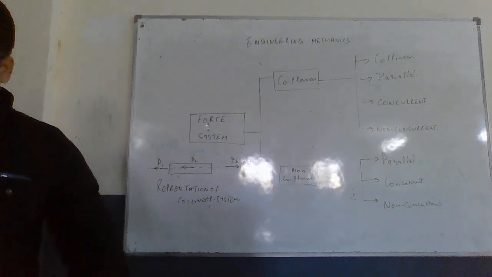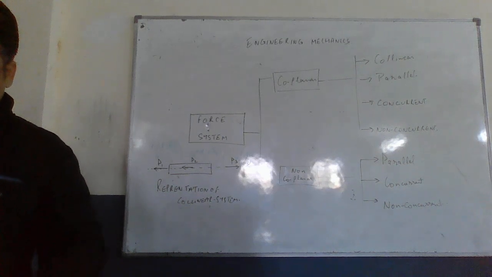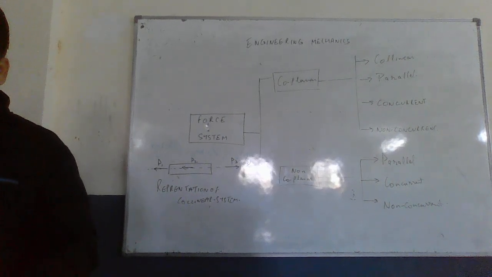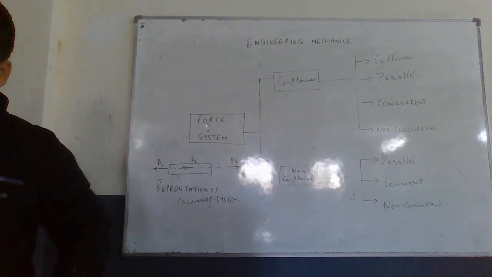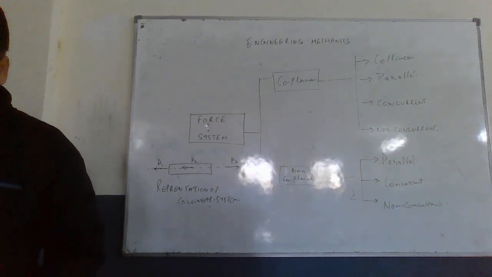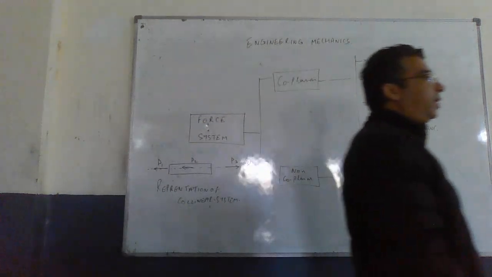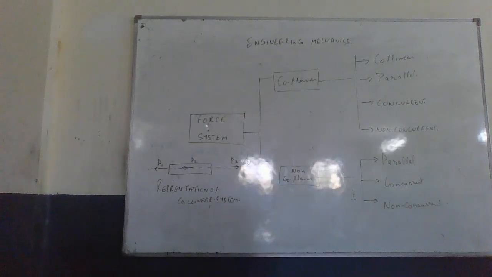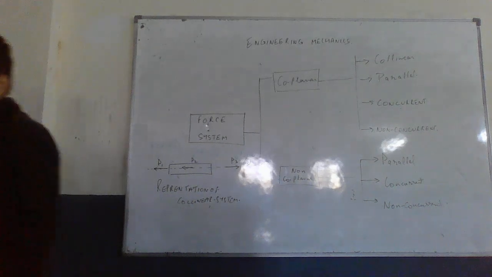Okay. Now write down some definitions of coplanar, and I will make you dictate for non-coplanar. Coplanar basically means lying on the same plane, and non-coplanar means not lying on the same plane. So write down the definition for a non-coplanar force system.